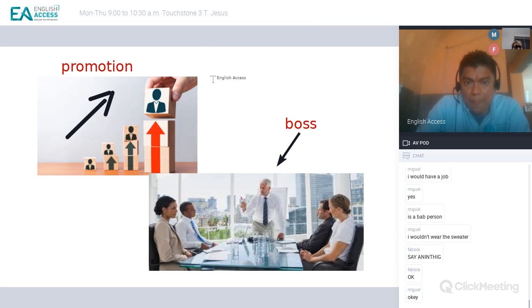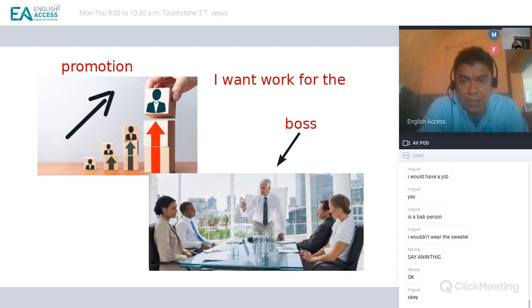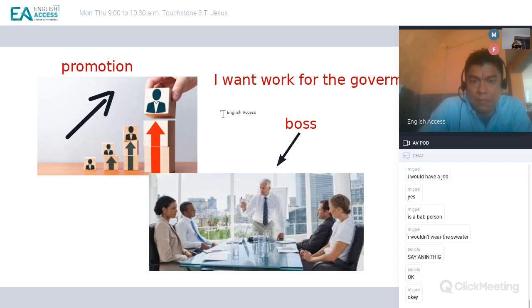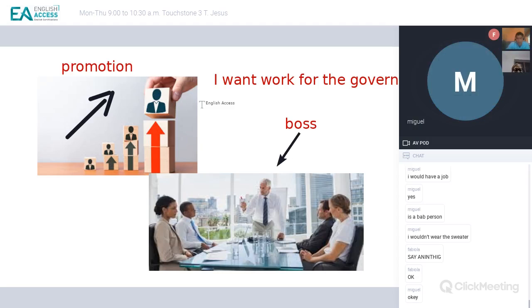Imagine a friend tells you, I want to work for the government. Okay, that is just a comment. Now, what can you respond to this person?